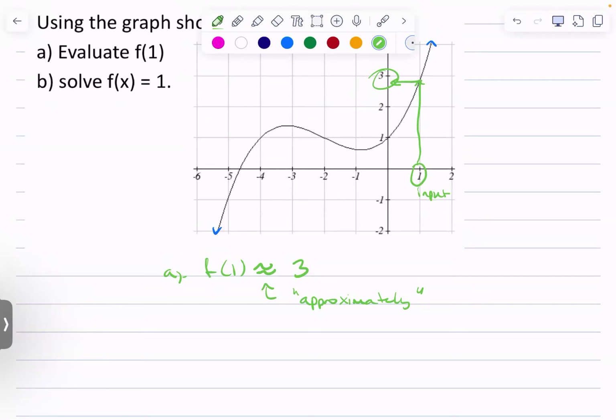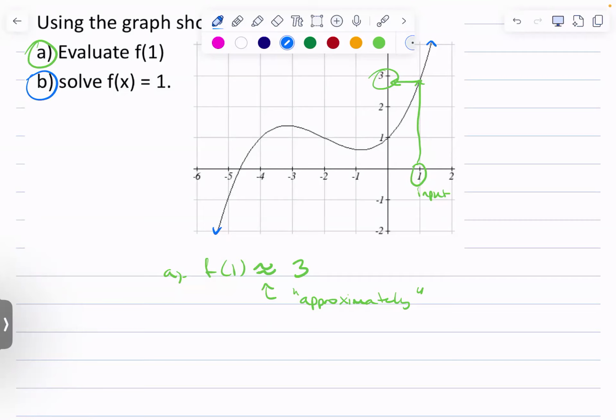Just rough approximations is good. All right. I'll circle A with green, and then I'll do B in blue, I guess.